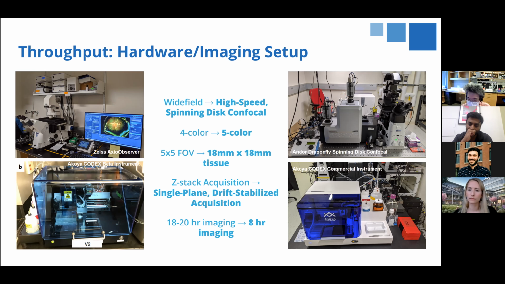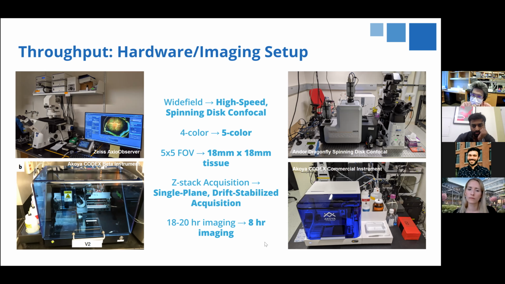With this, we're able to cut down, say for a 10 cycle CODEX run that used to take something like 20 hours on the wide field microscope for a much smaller field of view at 20x. We can now acquire an entire 18 millimeter by 18 millimeter area, the imageable area of a 22 by 22 millimeter cover slip, in about 8 hours.